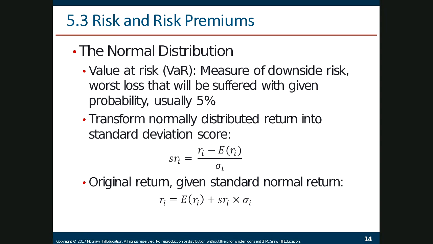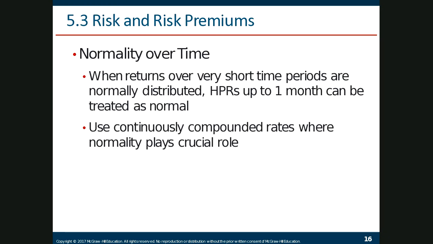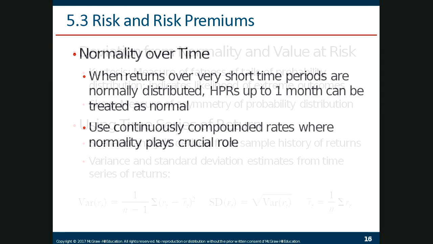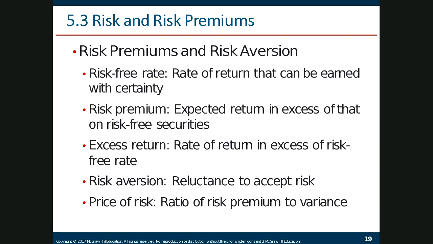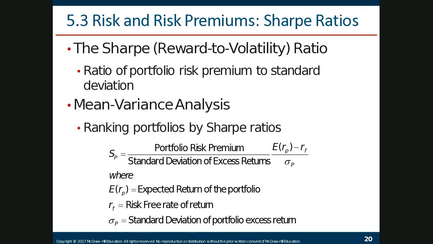Okay, so for the normal distribution, I'm going to leave this part as a tiny little part until next class. However, I'm going to instead start talking about the Sharpe ratio.